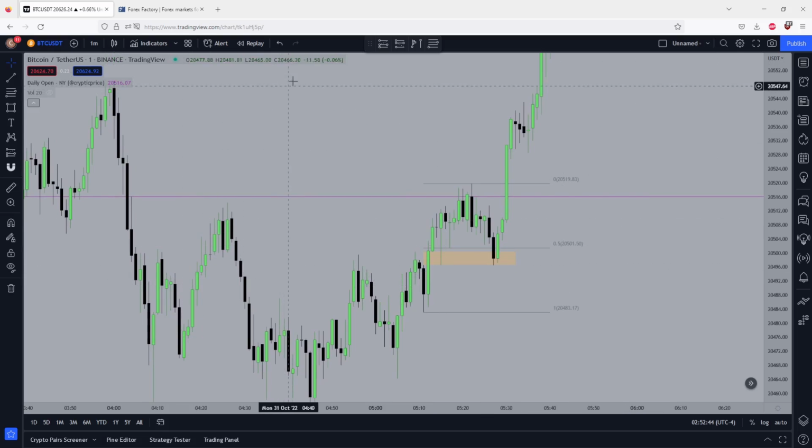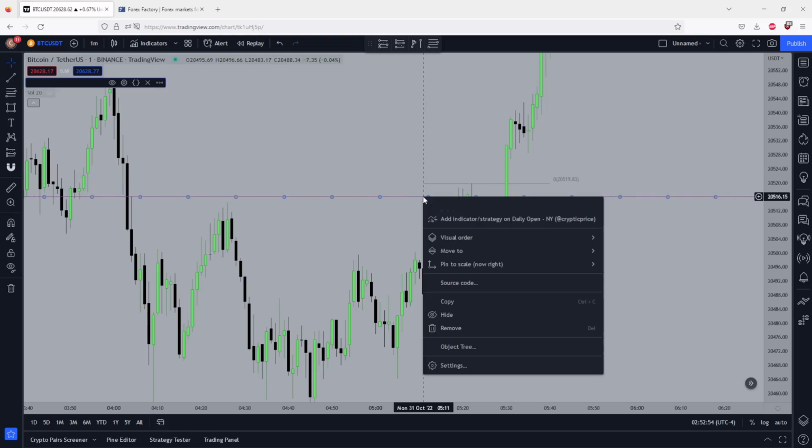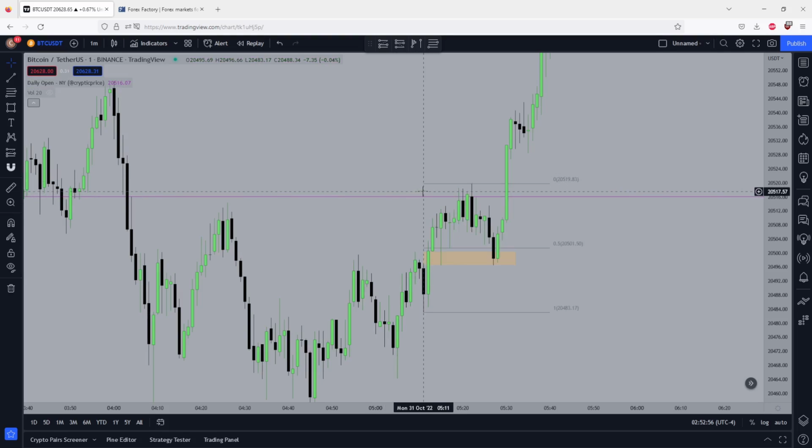And just look at the high and the low right here, because I'm going to point something out. The high of the order block comes in at 20,496.66, and the low of this candle comes in at 20,496.45.